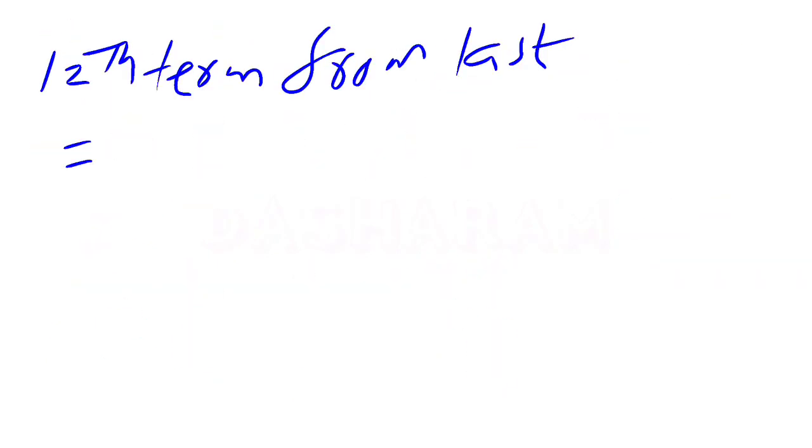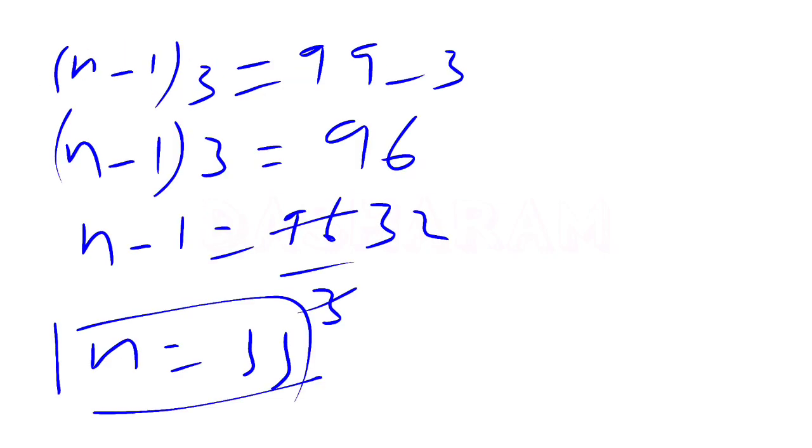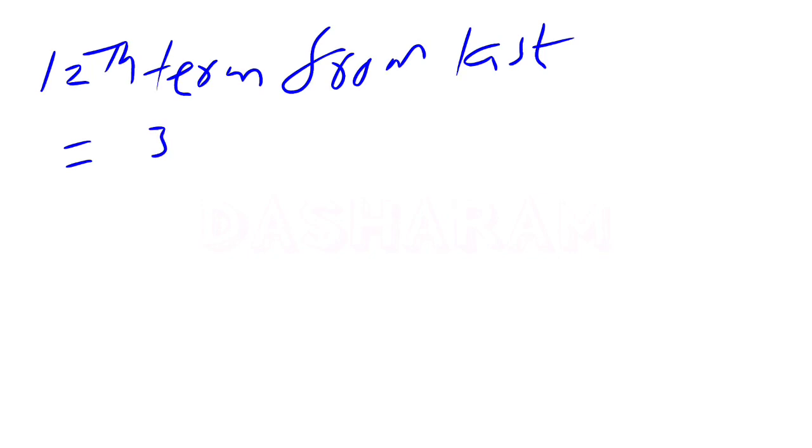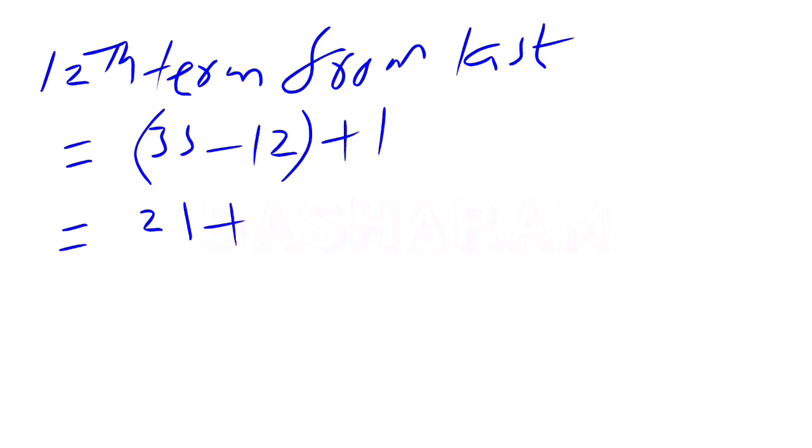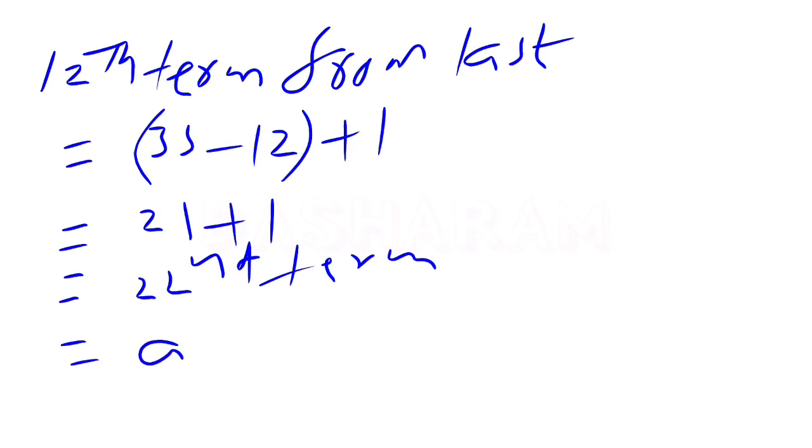Let's find the 12th term from the last. The number of terms is 33, minus the required term 12, plus 1. So 33 minus 12 is 21, plus 1, so it equals the 22nd. So the 22nd term from the beginning will become the 12th term from the last. The 22nd means a plus 21d.